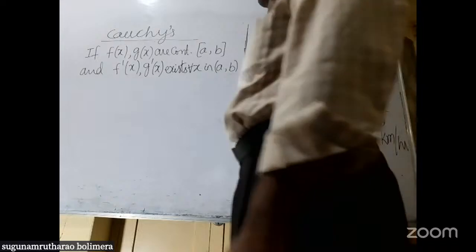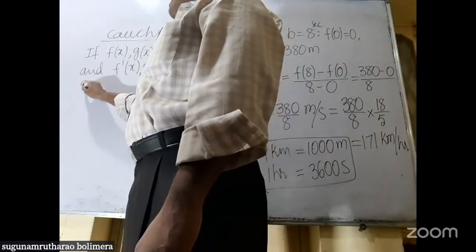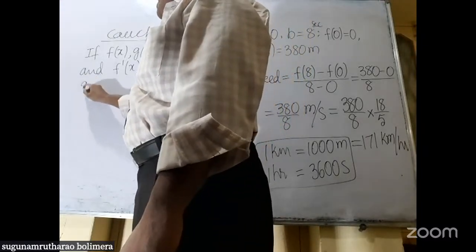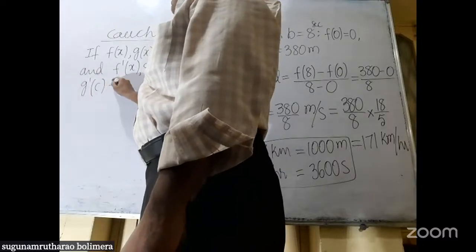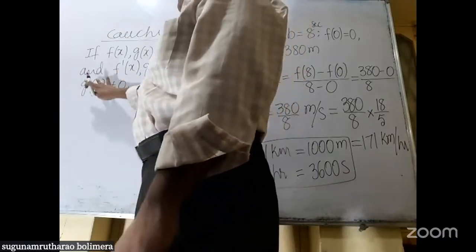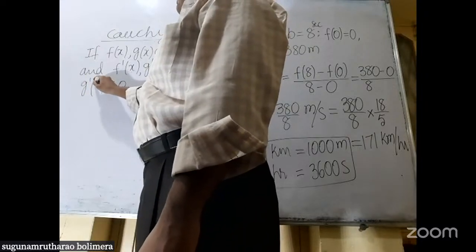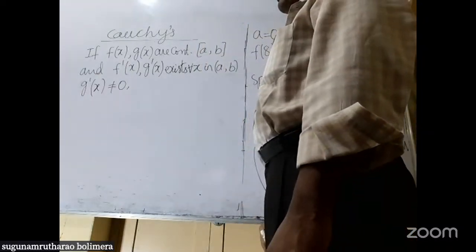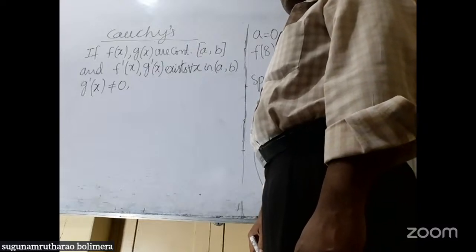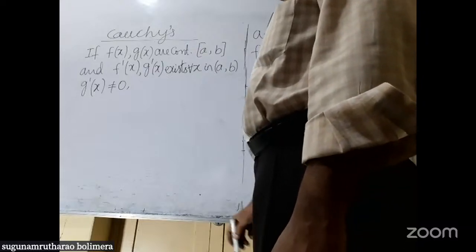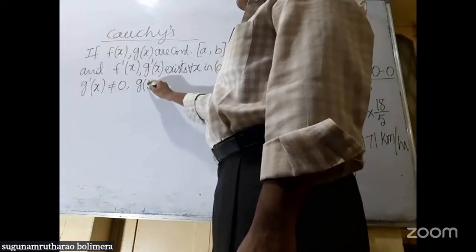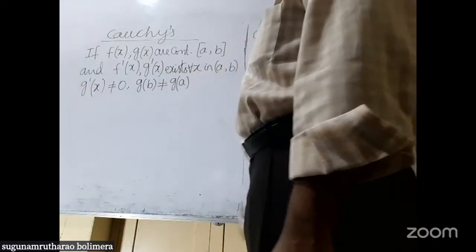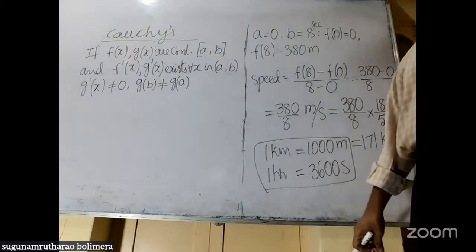such that g dash of x not equal to 0, and g of b not equal to g of a.